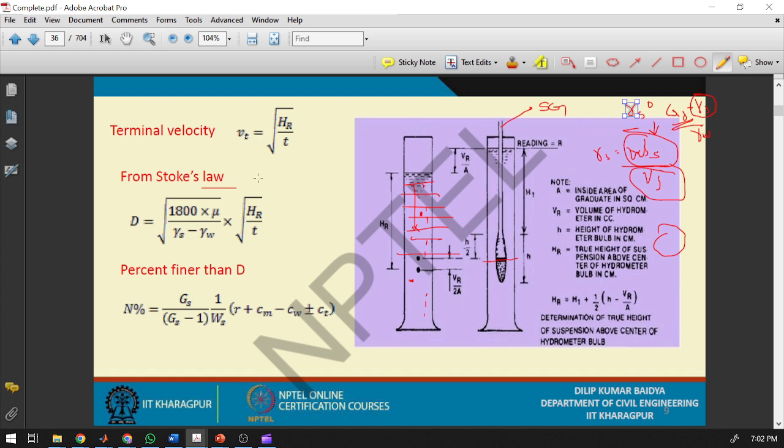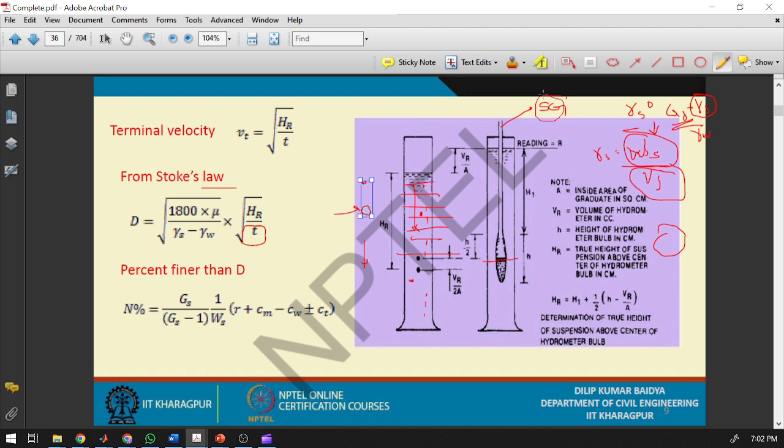So the smaller particle will have lower mass, the larger particle will have greater mass, and they will settle quickly, and lower particles will take time. We calculate the specific gravity at different times, and from the time we correlate what should be the size of the particle.